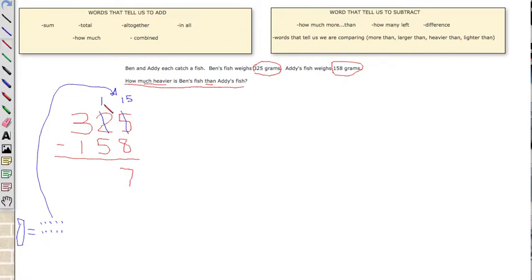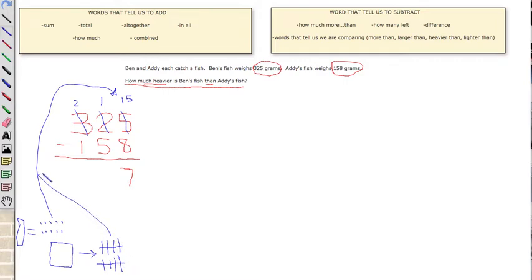Now when I look at my tens, 1 take away 5, I can't do that. So again, I can go next door to the hundreds, and same thing. I can take one of the hundreds away, so there'll be 2 left, and that big 100, if I regroup it, I know that I'm going to get 10 tens.